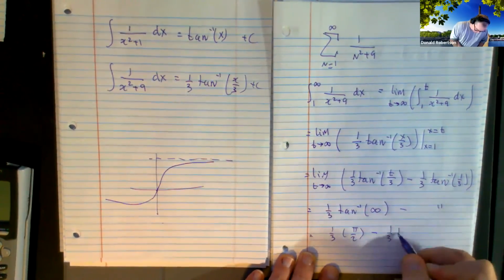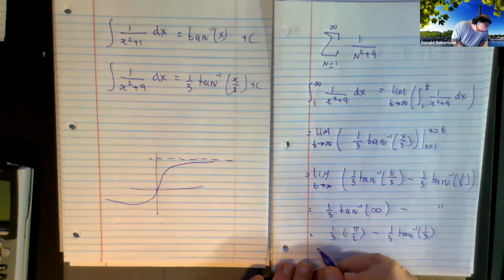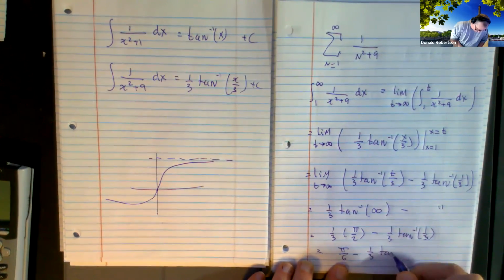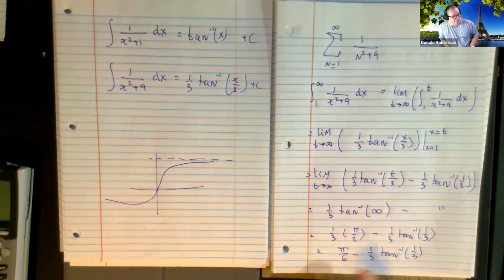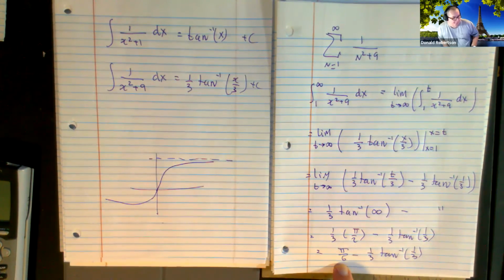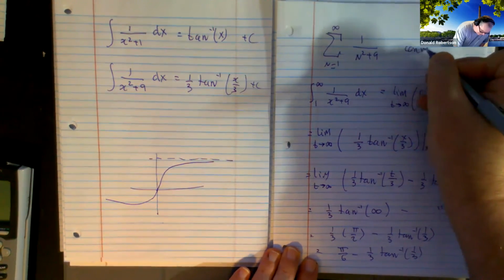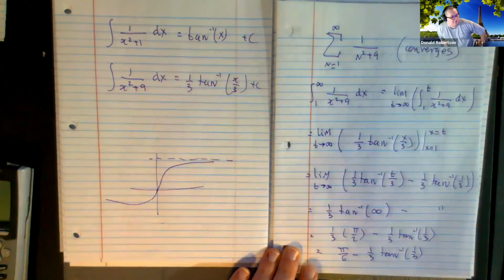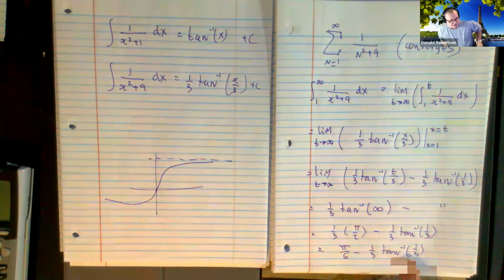Take away 1/3 the inverse tan of 1/3. I guess I could make that a little bit pretty, but I'm not doing too much. Would you agree that this integral is a finite number, right? It's a number. And because it is a number, doesn't this mean that this series converges? Do I care what that number is? Not really, because in the integral test, doesn't that just tell you it converges?